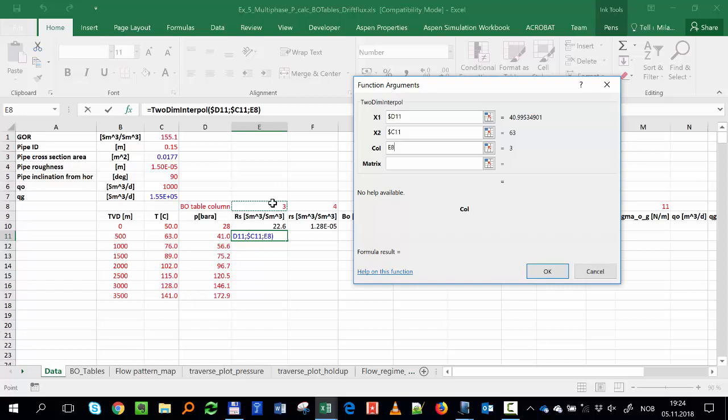Block it, yes, but not completely. I want when I drag it down that it will not change, I don't want it to be pulled down. But I want when I pull it to the right that it will use the column to the right. It will change with the column. So I'm going to block it now on the number, not on the letter. So for that I use only 2 times F4, 1, 2.